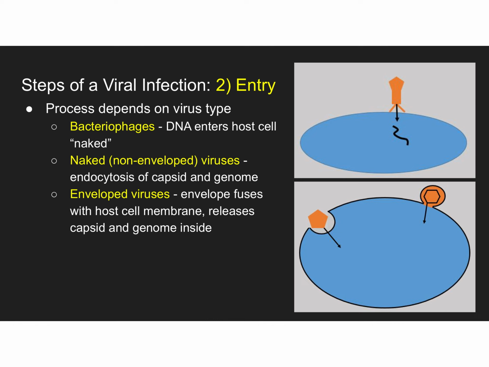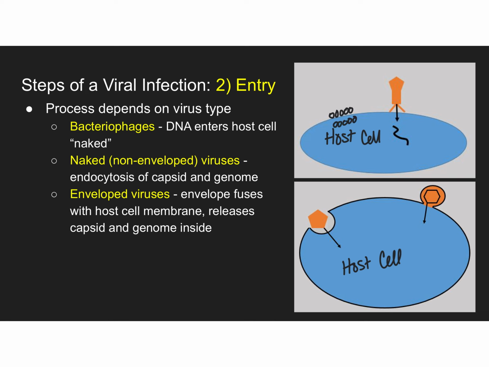The second step of a viral infection is entry. So once the virus has docked with the host cell, so here these blue circles are the host cell. And remember that this kind of line here, this is our phospholipid bilayer.